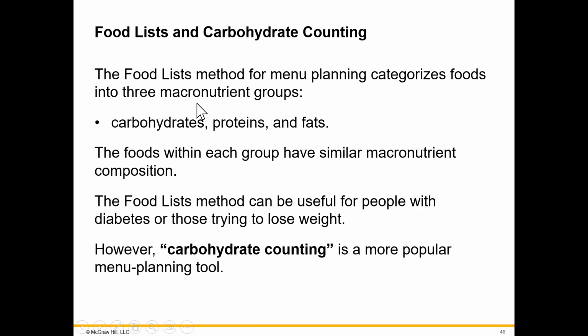But the food lists that are available with these different My Plate models and dietary guidelines will help you with that.